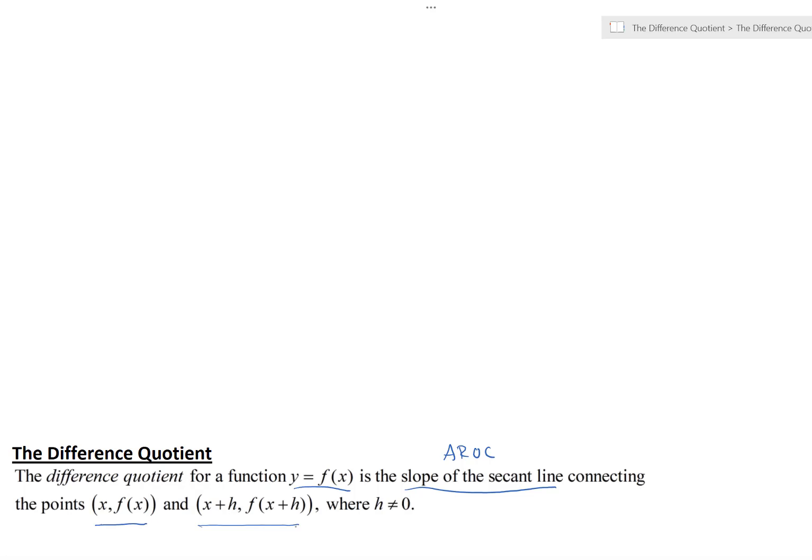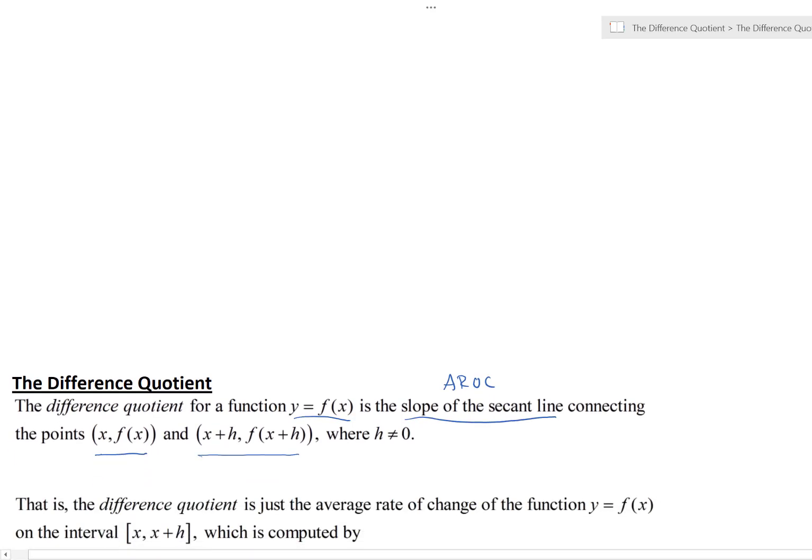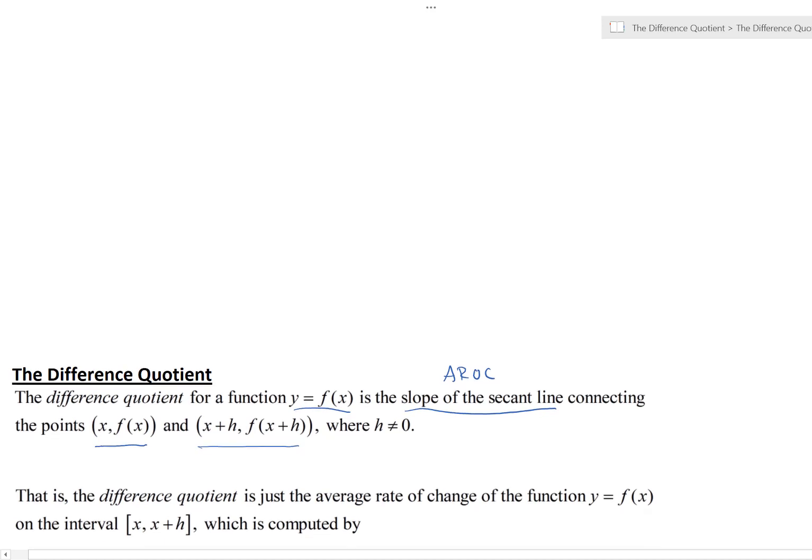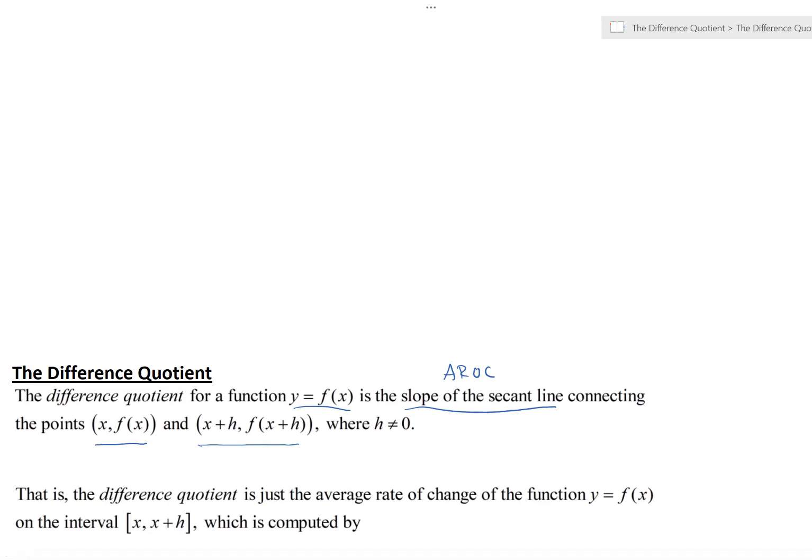So what the hell does that mean? What's this notation here? Well, again, first we're defining it to just be the average rate of change over these 2 different points on the graph of f. 2 different points, as stated above, x comma f of x and x plus h comma f of x plus h.